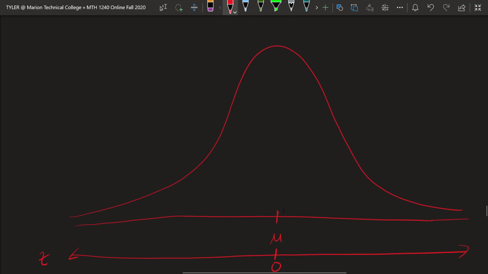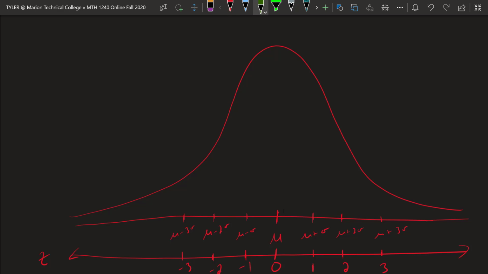If you go the mean plus 1 standard deviation, that is a z-score of 1. 2 standard deviations to the right is a z-score of 2, and 3 standard deviations to the right is a z-score of 3. And then we could go to the left a standard deviation at a time. The mean minus a standard deviation matches up with a z-score of -1, the mean minus 2 standard deviations matches up with -2, and the mean minus 3 standard deviations matches up with -3.